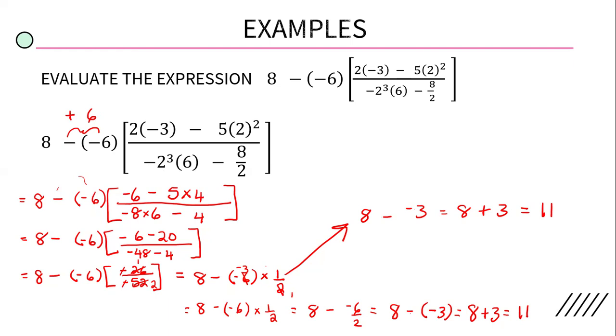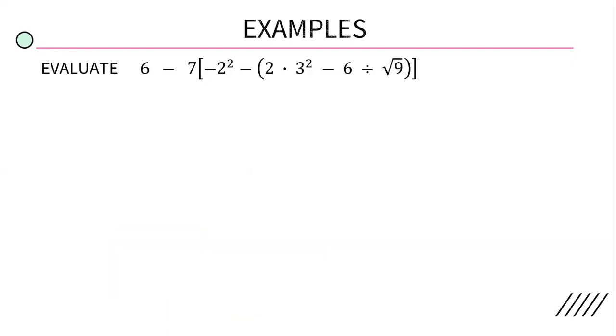So let me continue. We have 6 open brackets. Sorry, 6 negative 7 open bracket. Negative 2 squared minus 2 times 3 squared minus 6 divided by square root of 9 close bracket.